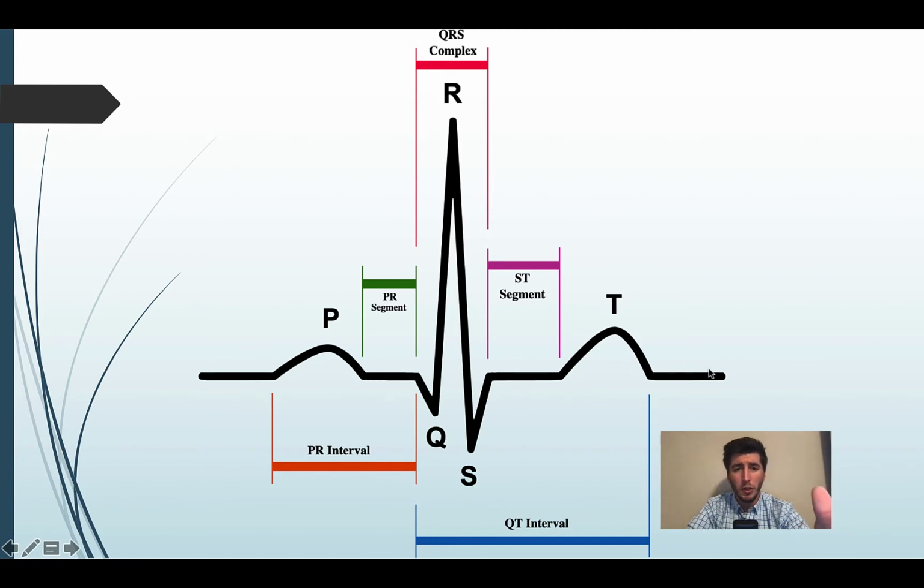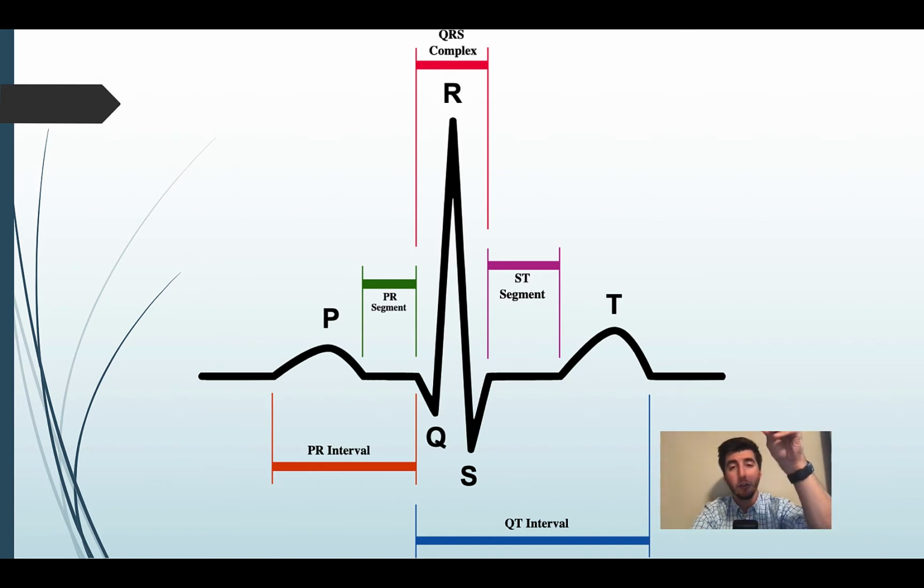What I want you to notice is that this P wave is atrial depolarization. So that is a fairly small bump. Remember, we only have to get about 30% of the blood from the atria to the ventricles. Boom, right? The QRS complex represents ventricular depolarization, or ventricular contraction, right?